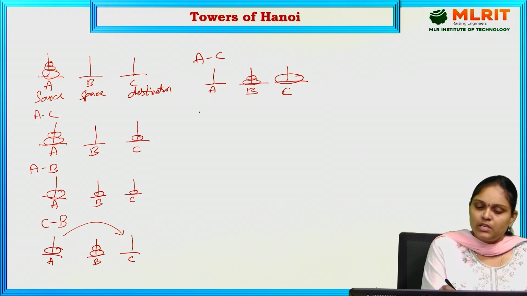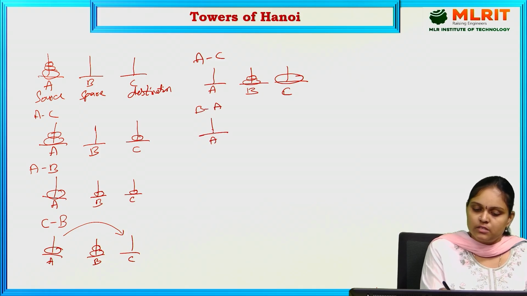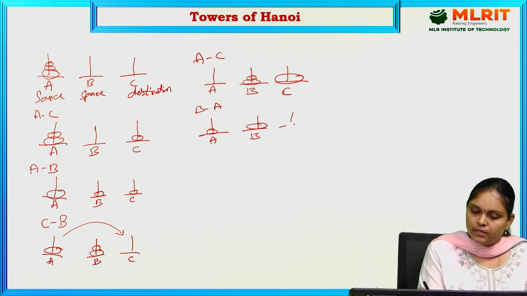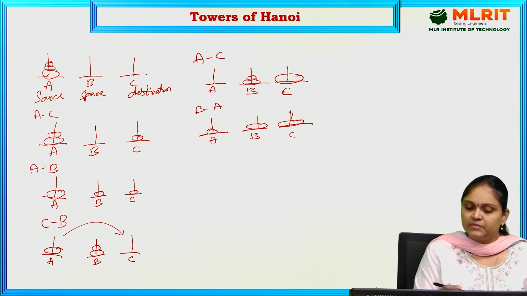The next one is B to A. So in A we have the smaller one, in B the medium one, and in pole C the larger one.